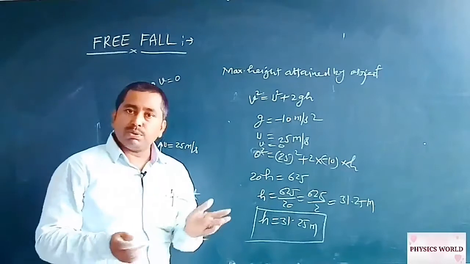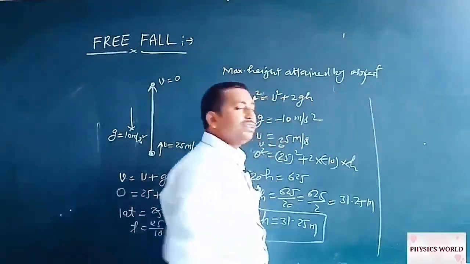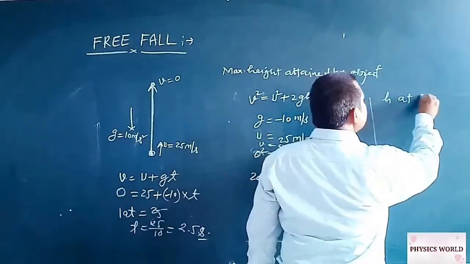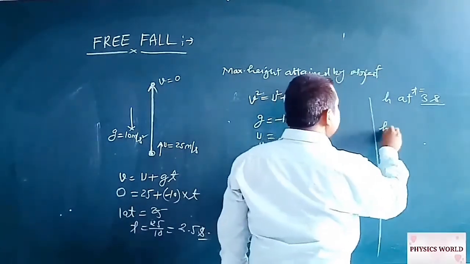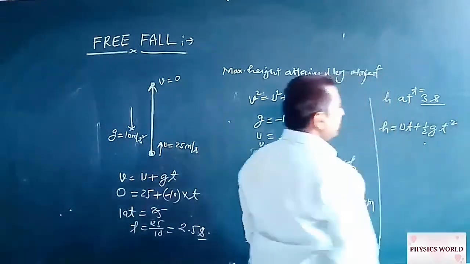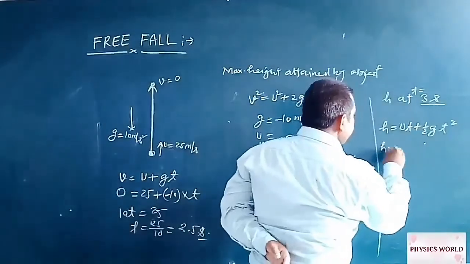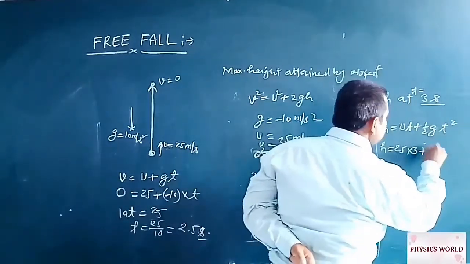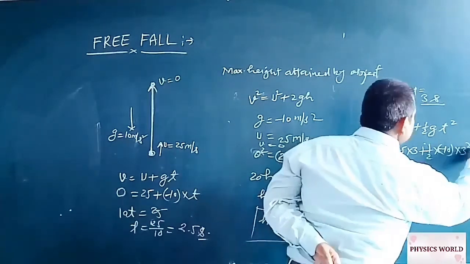Similarly, if you want to know what will be the displacement of an object at time 3 seconds, suppose, so what will be the value of height at t equal to 3 seconds? So it can be easily calculated as h equal to ut plus half of gt square. So if we put the value of t as 3 here, then h equal to 25 into 3, okay, plus half of minus 10 into 3 square.